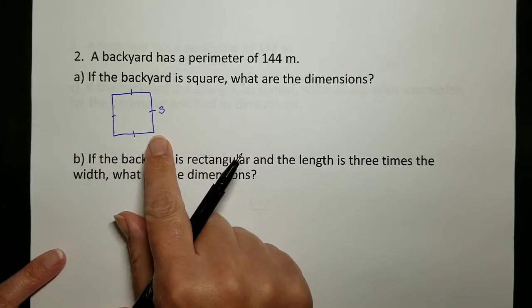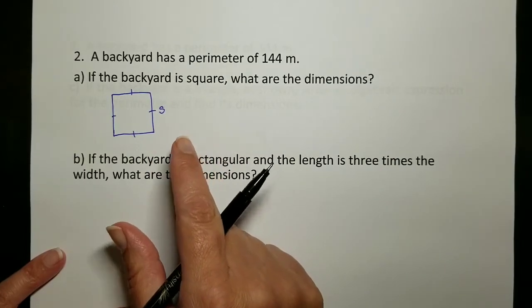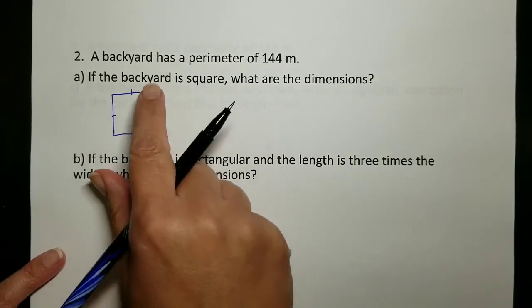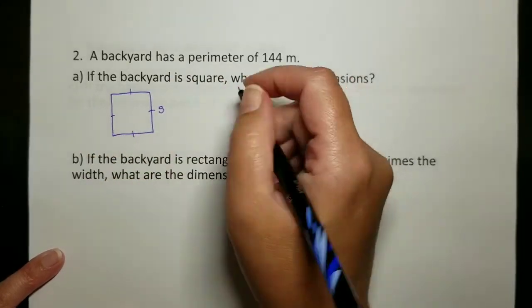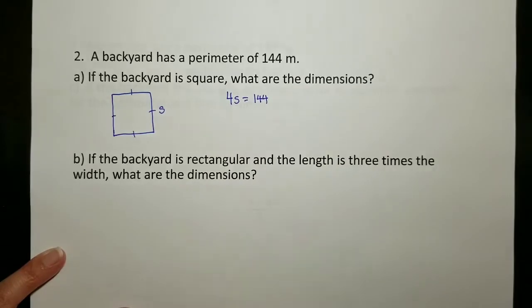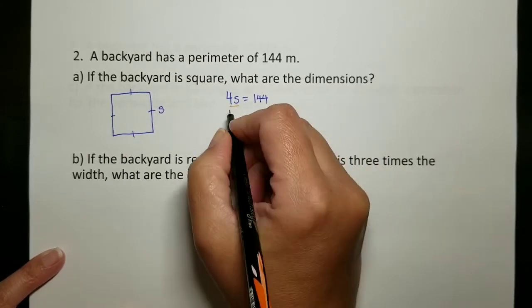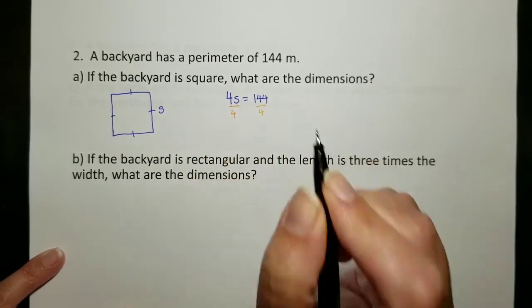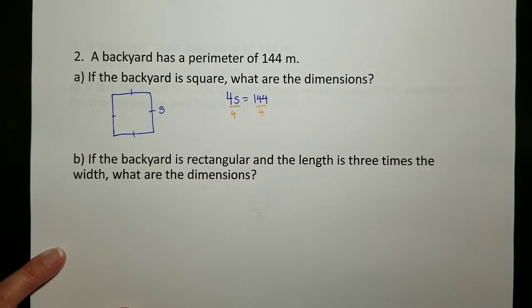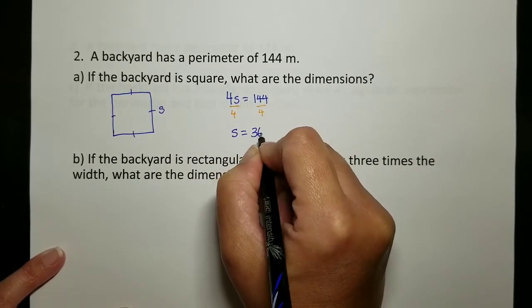I want to figure out this dimension using algebra, using solving equations. So I would know 4 S's, or 4 times S, equals 144. To solve this equation, I just divide by 4 on each side. So I get S equals 36 meters.